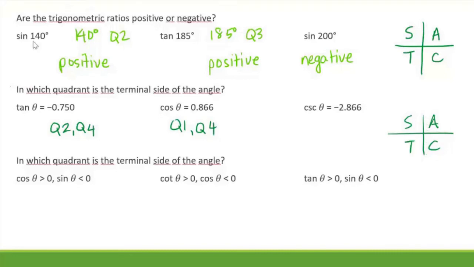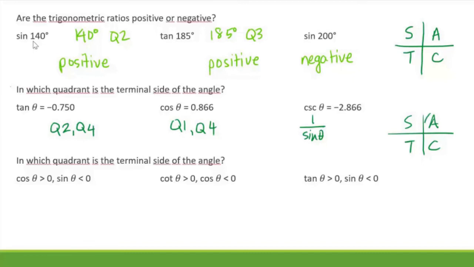This last one looks a little bit trickier. We're told that the cosecant of an angle is equal to negative 2.866. Well, cosecant of theta is really just the reciprocal of sine theta. It would be 1 over sine theta. And taking the reciprocal of a value doesn't change it from positive to negative and vice versa. So if the cosecant of an angle is negative, the sine of that angle will be negative as well. So we can simply think of this as, where is the sine of this angle going to be negative?